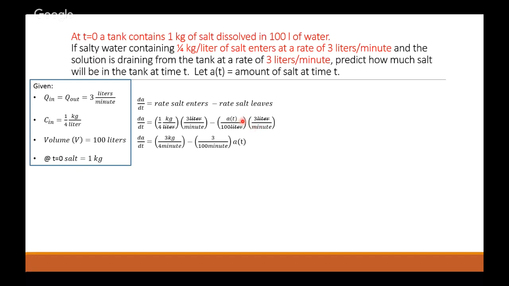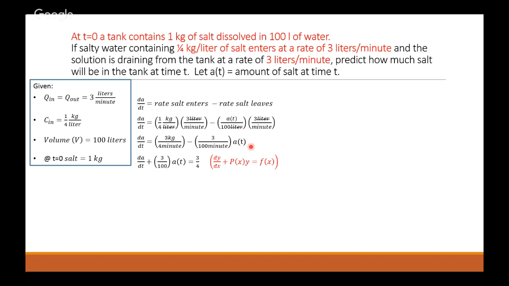So we simplify it a little, the liters drop out, and we end up with dA/dt equal to 3/4 kilogram per minute minus 3 over 100 per minute times A of t, the salt at a given time t.